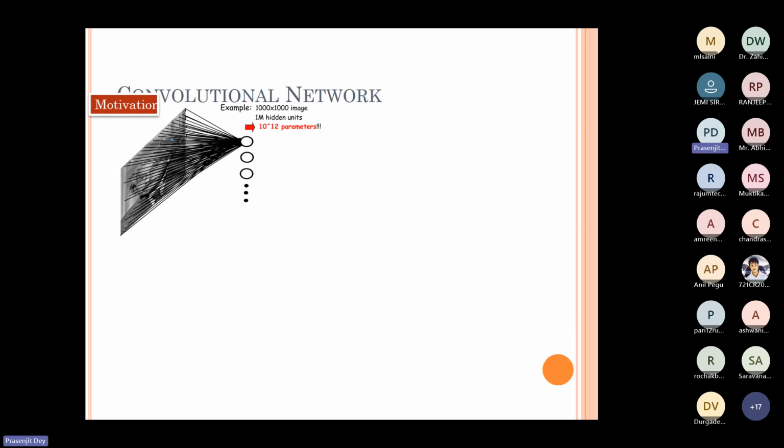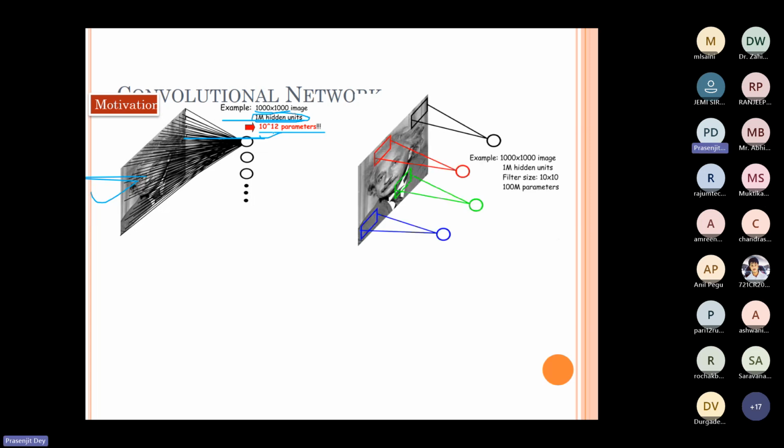So, in case of motivation, suppose I want to identify the feature of Einstein, an image of Einstein. We are not going to consider all the 1 million pixels. Suppose the image is 1000 cross 1000. In that case, if we consider 1 million hidden units, this many weights you need to train, which is not logically possible or computationally easy.